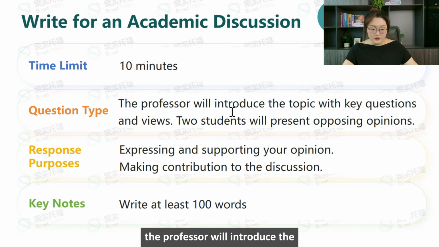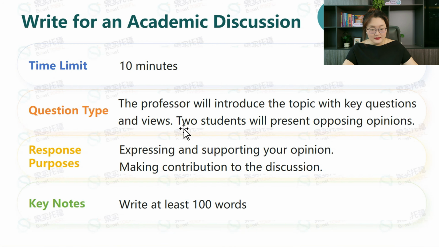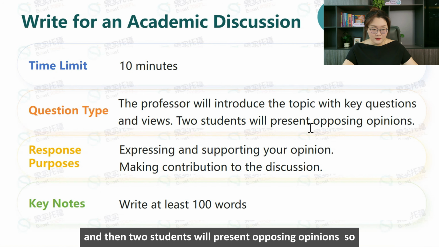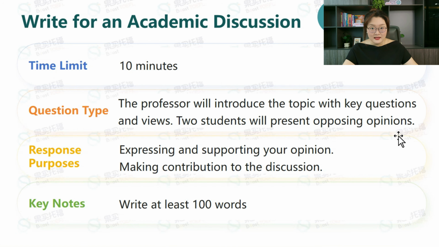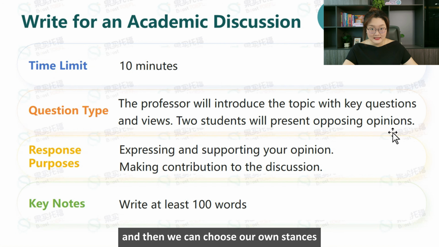The professor will introduce the topic with key questions and views. And then two students will present opposing opinions. So we have to make clear what's the main topic and what are the opposing opinions. And then we can choose our own stance.